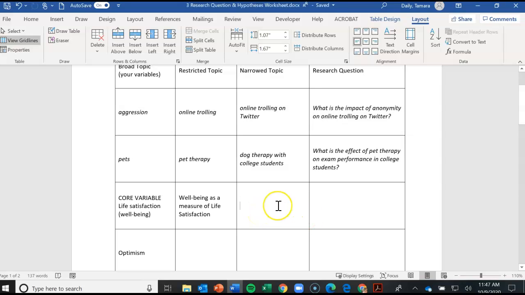And so I could start to really think about variables that predict well-being and life satisfaction. So then I could ask a broad question. It's still a fairly broad question at this point.